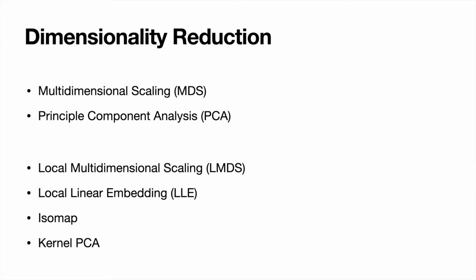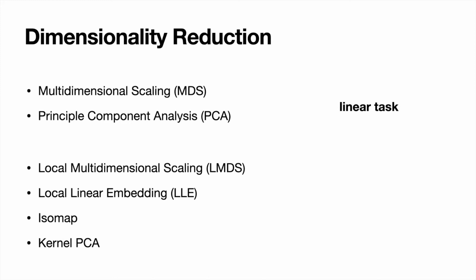So here are some methods for dimensionality reduction. Multidimensional scaling, also called MDS, and principal component analysis, also called PCA. These are 2 of the most popular methods that can handle the dimensionality reduction problem. But they are more suitable for linear tasks and cannot perform well on nonlinear reduction problems.